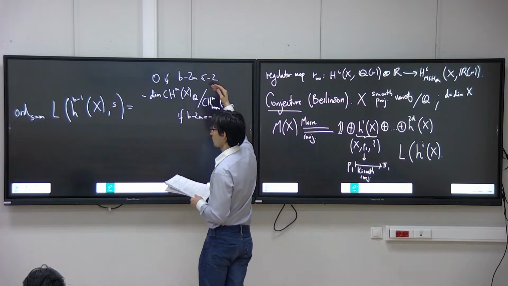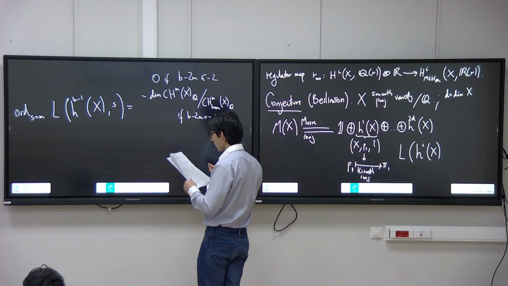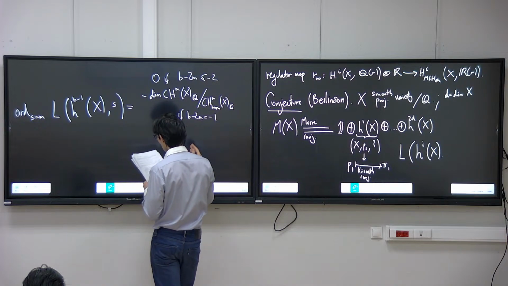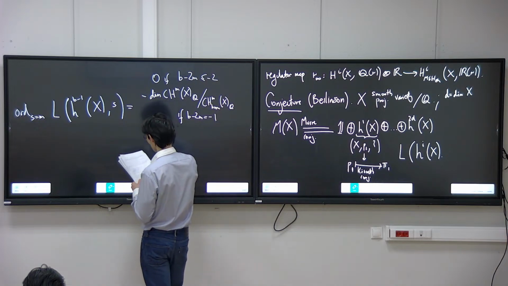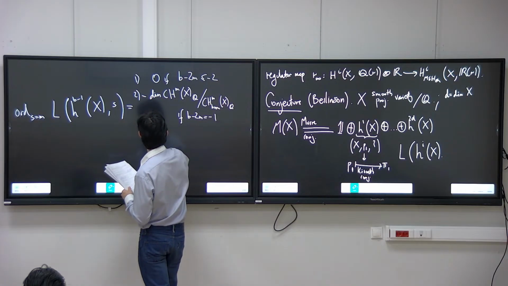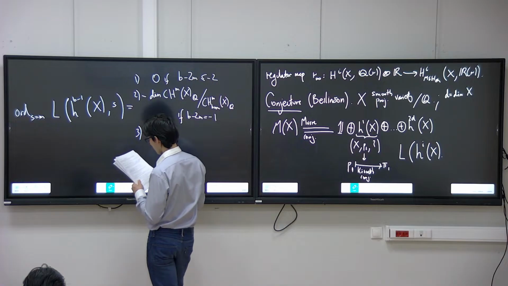The reason why you have so many cases is, due to the functional equation. So this is case 1 maybe, case 2, and case 3.